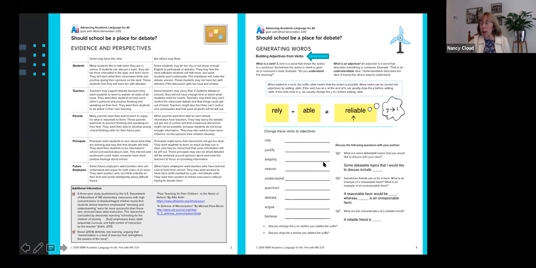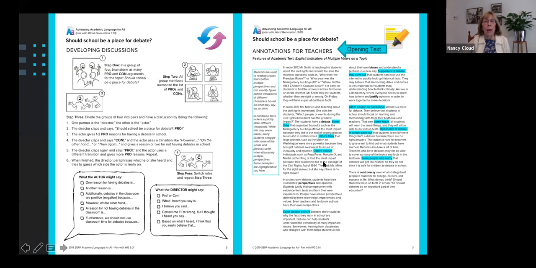And so they would get that word work. And then I would give them some preparation for the debate. They would have some partner work and step 1, step 2, step 3 to get ready for the debate. And they would do some practice. And so here they're going to practice things that they might say and what the person might say back to them, kind of against their argument, and so forth.